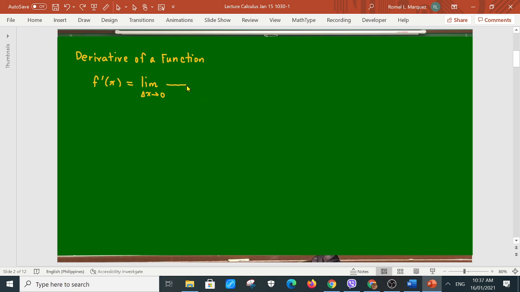So we have f of x plus delta x minus f of x, all over delta x. Of course, if this limit exists, no?